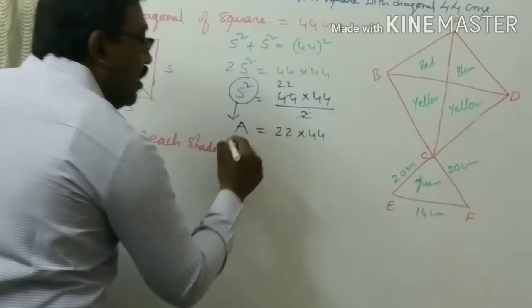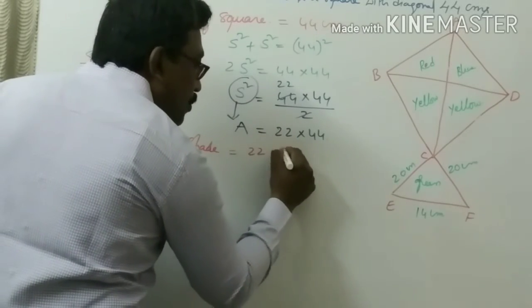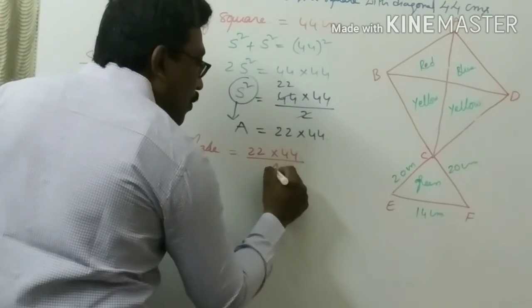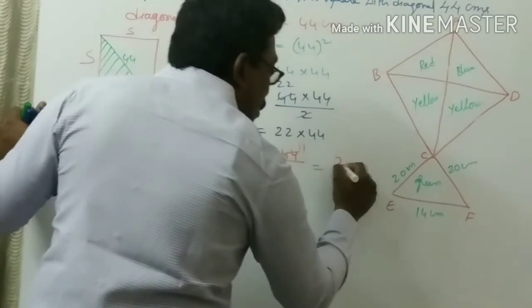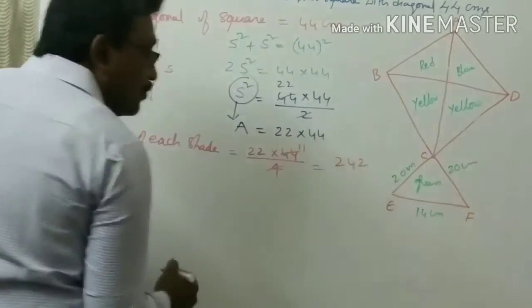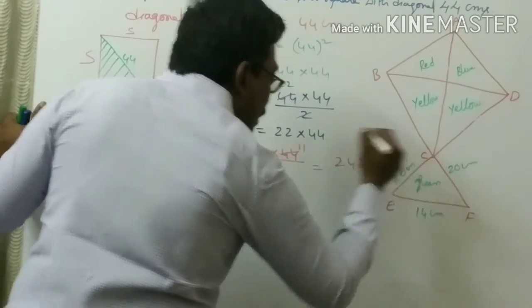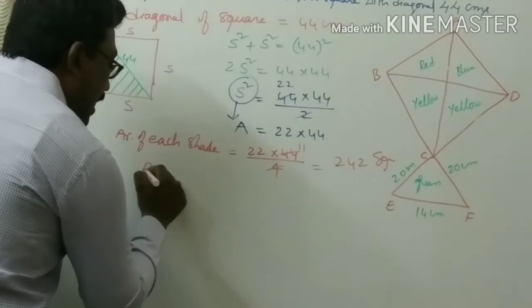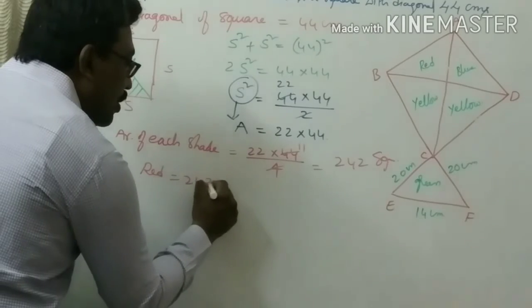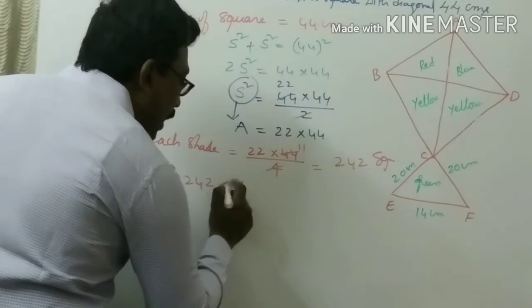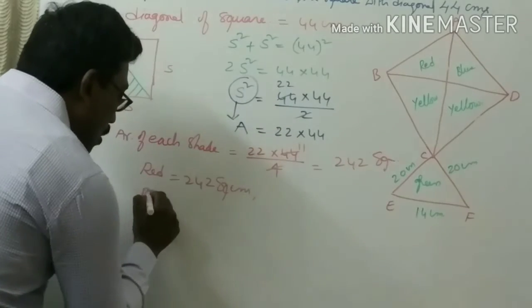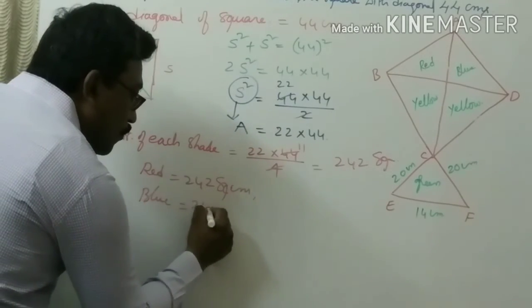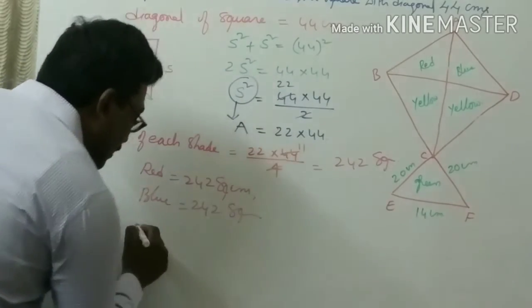Now, but divided into 4 parts, 22 into 44 by 4, 11 times 22 into 11, 242 square centimeters. That means red area is 242, blue area 242 square centimeters.